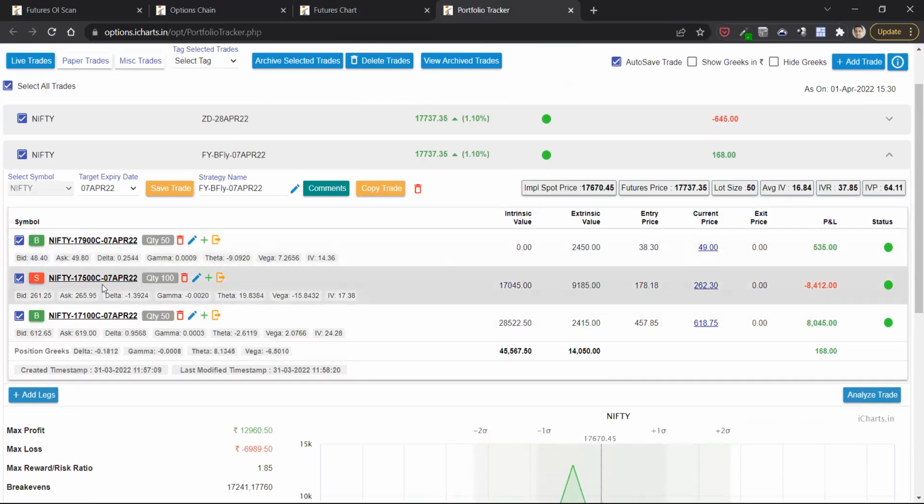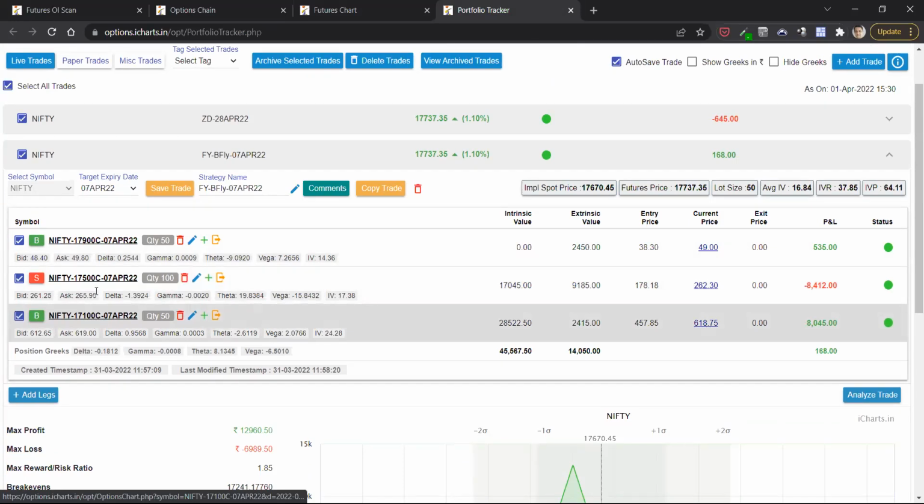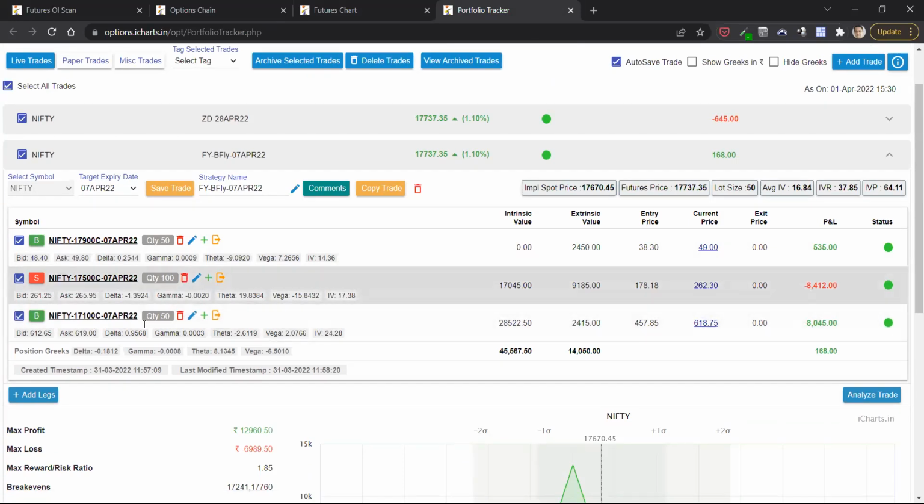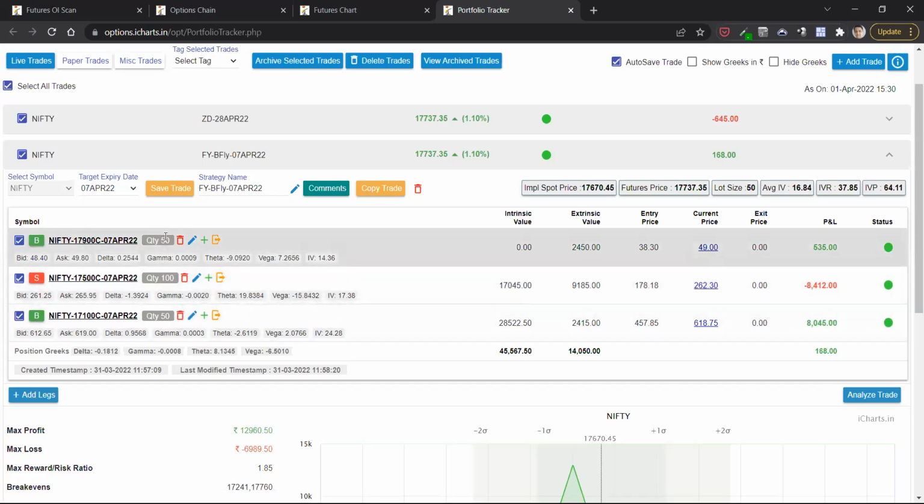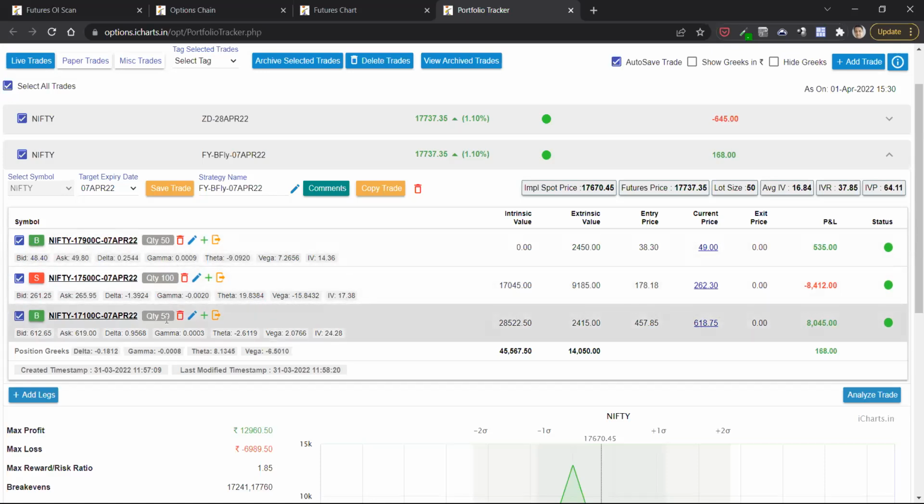So what I do is, this lower spread, the 17.1 to 17.5, is a debit spread. I add one more debit spread here, so this I make 150, this I make 100, and this I leave at 50. What this does is tilt the delta in your favor.